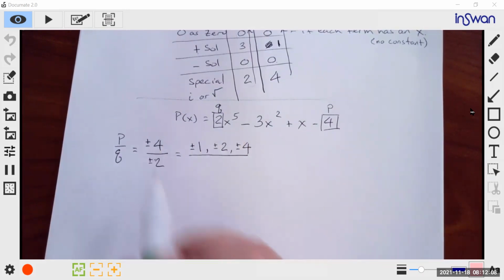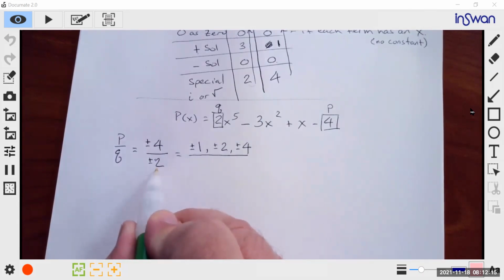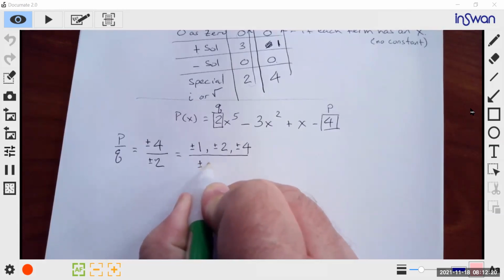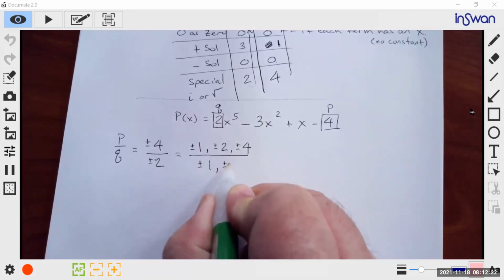One times 4 is 4. 2 times 2 is 4. Those are all the possible factors of 4. And the possible factors of 2 are 1 and 2.